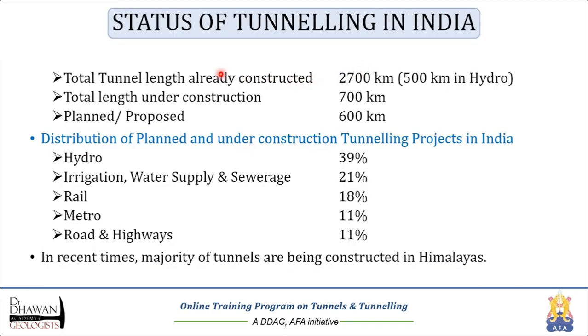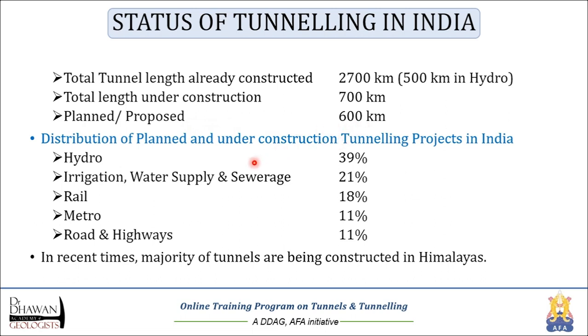Rough estimate, total length of tunnels already constructed in India is about 2,700 kilometers, out of which 500 kilometers is in hydro sector alone. Total length of under construction tunnels is estimated to be about 700 kilometers, whereas the planned and proposed tunnels measure about 600 kilometers.